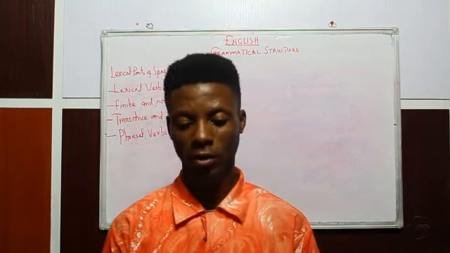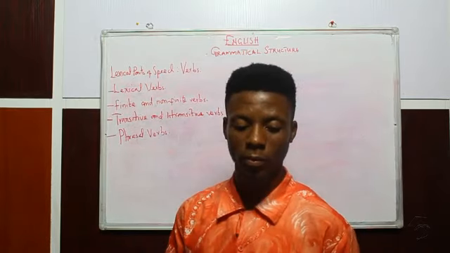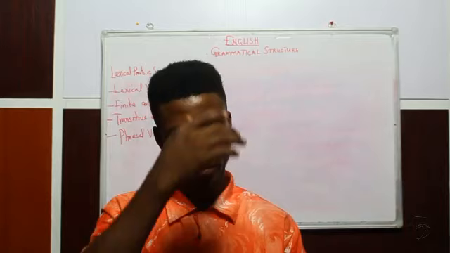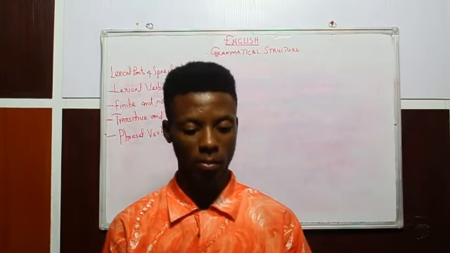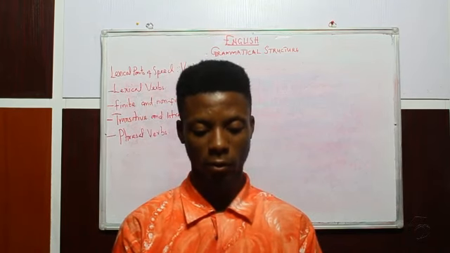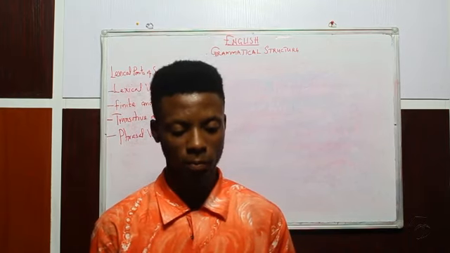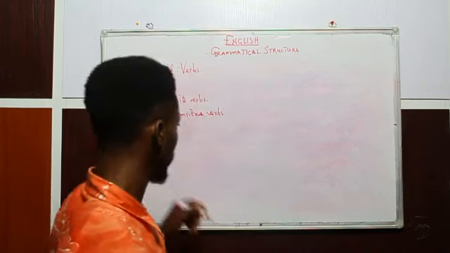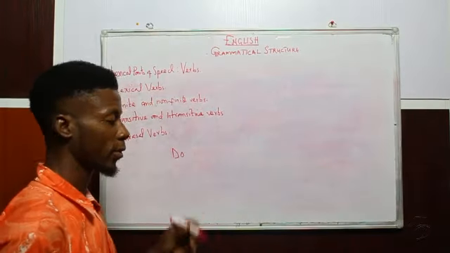Now let us take a look at the finite and the non-finite verb. What do we mean by a finite verb? Lexical verbs in the base form, that is the present tense, and the third person form or the past form are said to be finite. Take for example, the word do is in its base form, the present form.